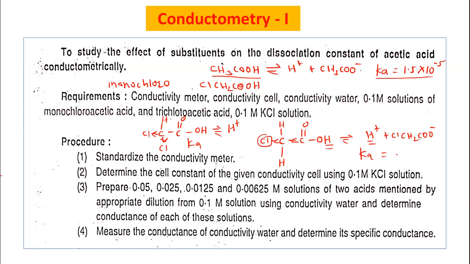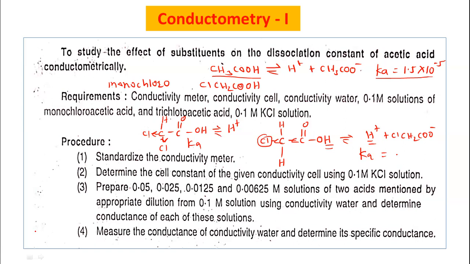To perform this experiment, we require a conductometer, a conductivity cell, conductivity water, and three solutions: 0.1 molar potassium chloride, 0.1 molar monochloroacetic acid, and 0.1 molar trichloroacetic acid.